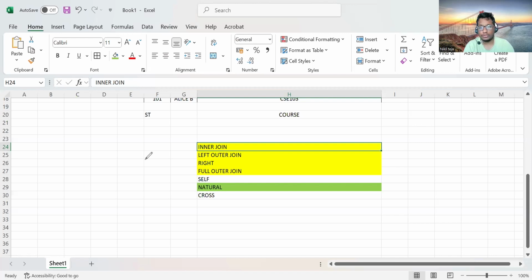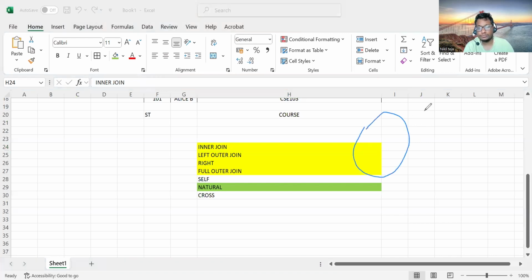So first one is inner join, right? Suppose there are two tables. The common data we have learned in our childhood or in our school, right? Intersection is nothing but the common data. Inner join is nothing but the intersection. So all the common data between the two tables is nothing but inner join.